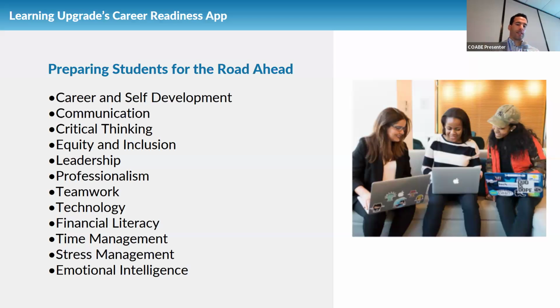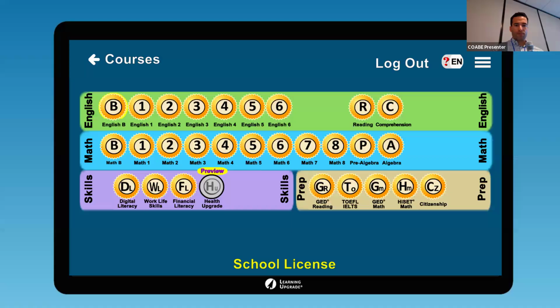This is one we worked on with a group of refugees that came from Haiti. And there were a lot of soft skills and cultural norms in the workplace that they just weren't up to speed on. And so by using our app, they were able to be a lot more successful there. And then the digital literacy side with technology, financial literacy, time management, and then personal ones, things like stress management and emotional intelligence, we also cover.